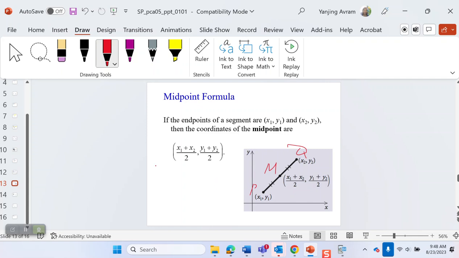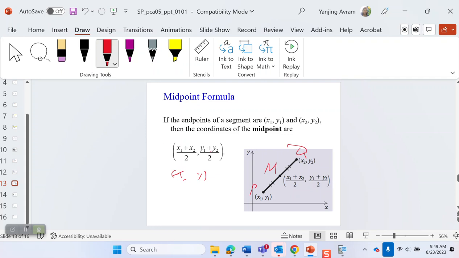So the x for the midpoint M will be the average of x1 plus x2 over 2. And the y for M is y1 plus y2 over 2. So you just average the x and average the y for the midpoint, okay?